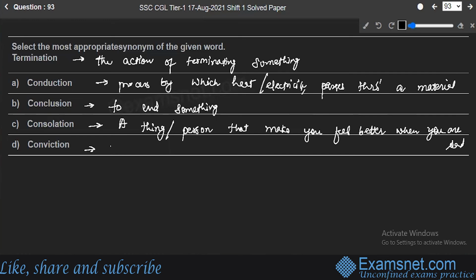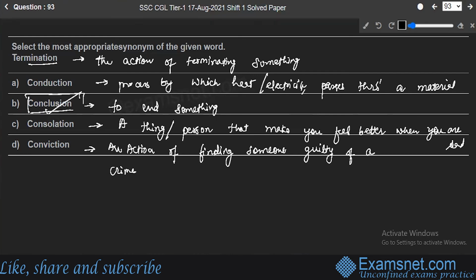And conviction, an action of finding someone guilty of a crime in a court of law, right? So which is the correct option? Conclusion. Termination means conclusion. When you are ending something, it's also called the conclusion. So option B is the correct option.